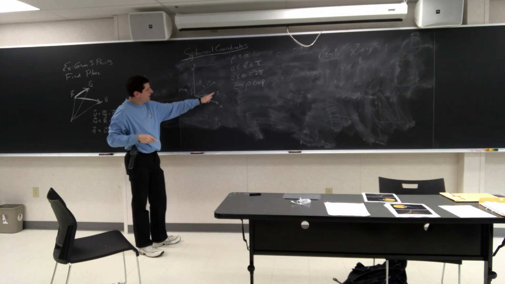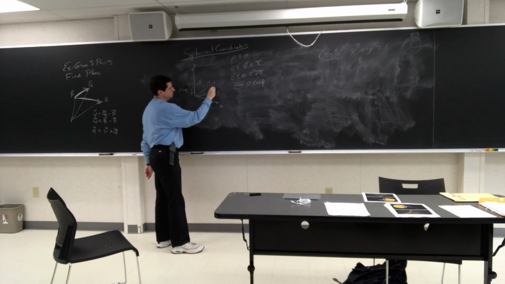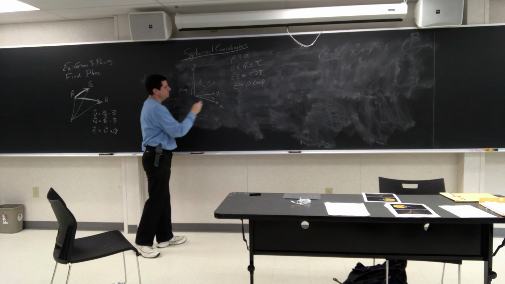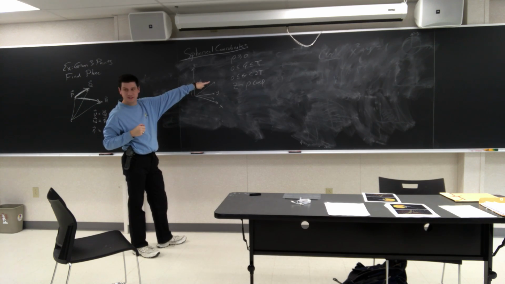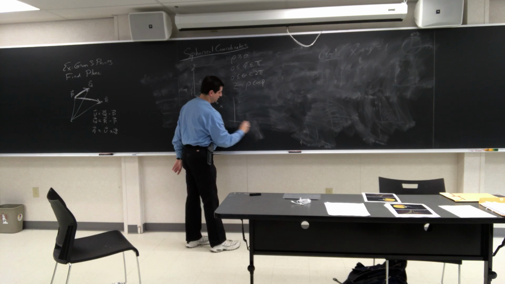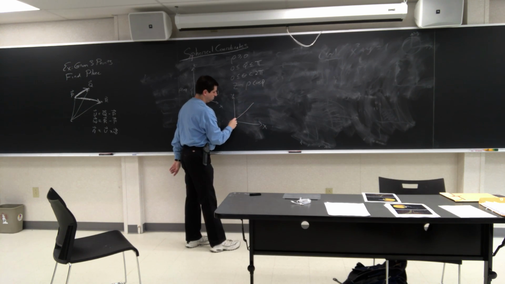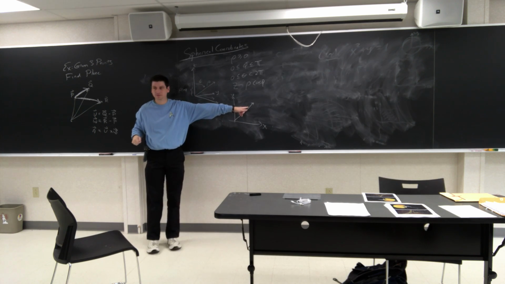So I can look at what the length is going to be in the xy plane. What do you think its length is going to be in the xy plane? If it's rho cosine phi here, what do you think this length is going to be?